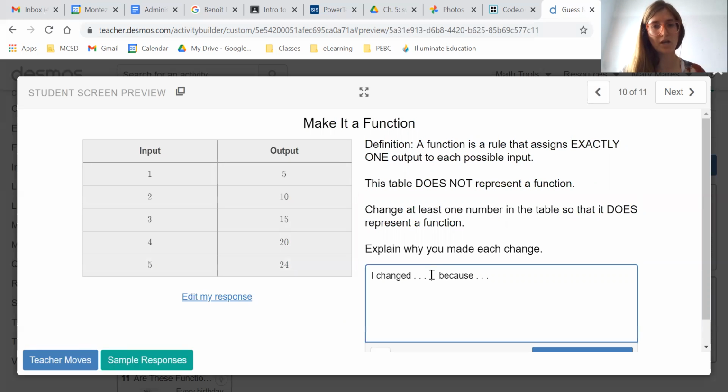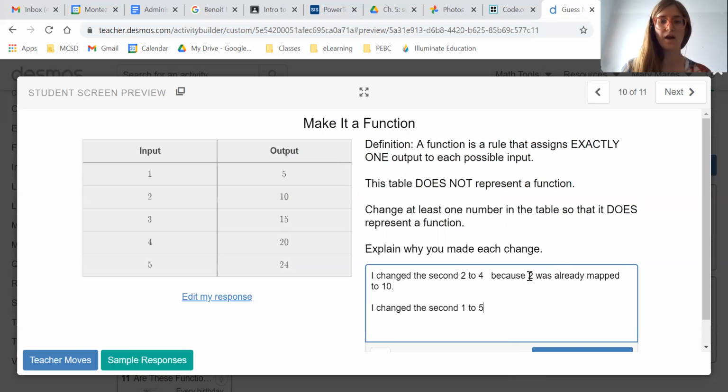So I changed the second 2 to 4 because 2 was already mapped to 10. And I changed the second 1 to 5 because 1 was already mapped to 5.